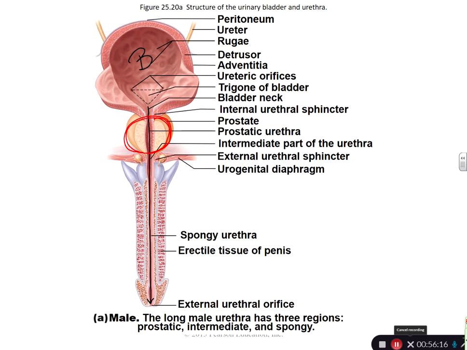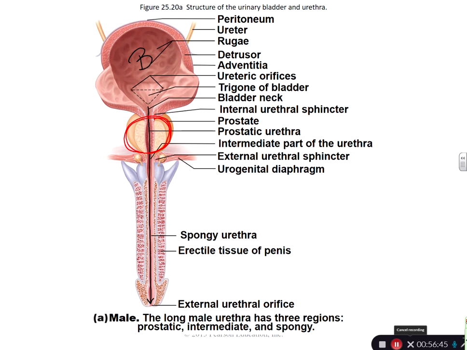That's our prostatic urethra. So if the prostate gland is swollen, if it's enlarged, then it's actually going to start squeezing on the urethra. And it makes it really difficult for men to void their bladder if they have an enlarged prostate. If you've ever seen commercials, like there's a commercial for prostate medicine, and it's like you feel like you have to go all the time. It's talking about men always feeling like they have to go to the bathroom. And that's why they might have that feeling.